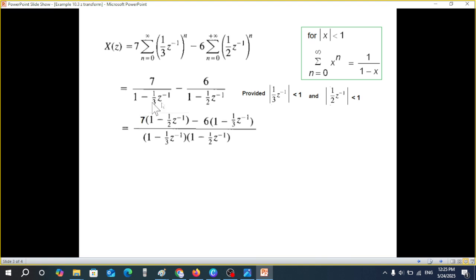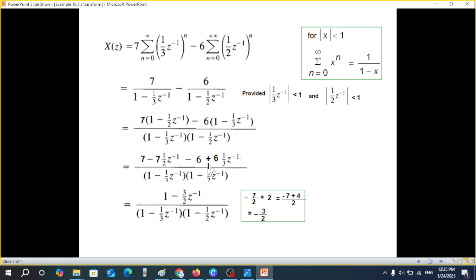And now if we try to subtract both of them, taking the LCM, 7 multiplied by this one and 6 multiplied by this. I hope you know this. Simplifying, opening the terms and solving, we get this answer.